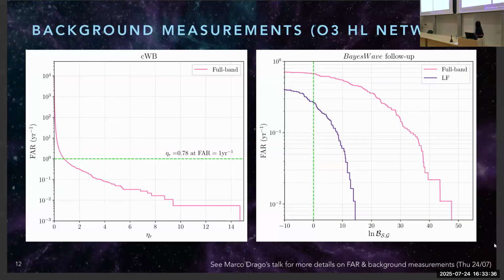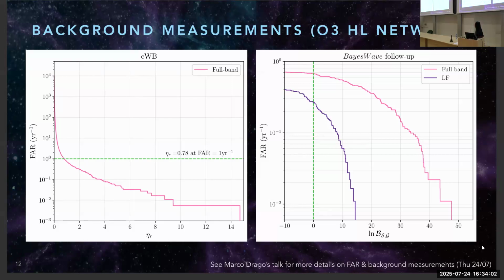Okay, background measurements. We heard from Marco Drago earlier today on what false alarm rates are and how we calculate them, so I'm not going to go into too much detail; you can go back to his talk and have a look there. On the left-hand side, we have the false alarm rate measurements from CWB: false alarm rate versus the detection statistic, coherent SNR, that I was talking about earlier. Of course, at higher SNR there are fewer of these noise candidates.